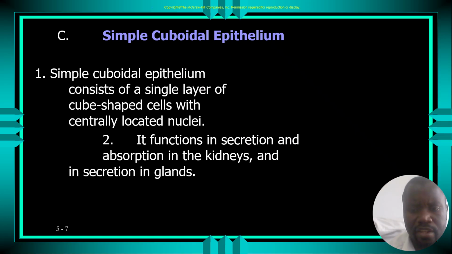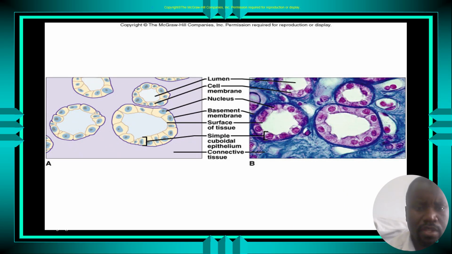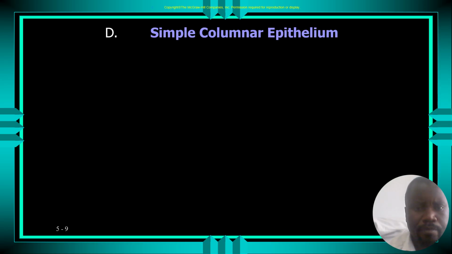For example, in the kidneys, they make up the tubules of the nephrons, and in the secretory sections of the glands. So you can see those are the glands with their lining of simple cuboidal epithelia.